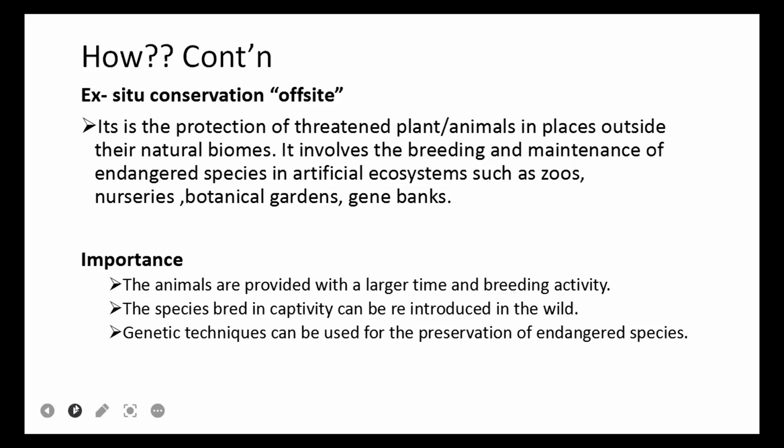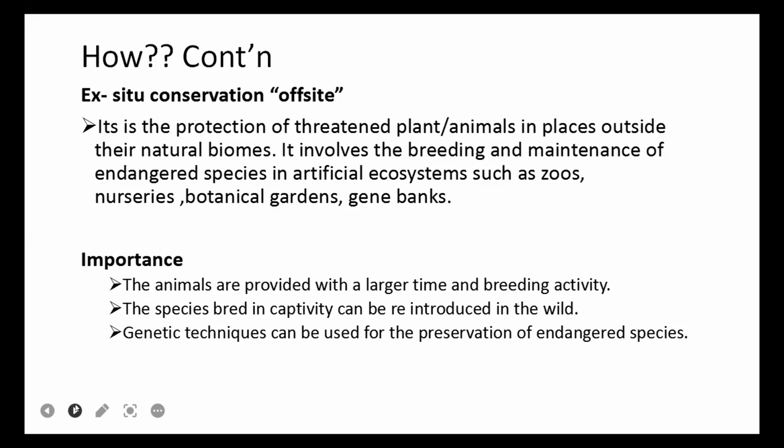So we are going to see another method of conserving our biodiversity. That is ex situ conservation, that is off-site. Here you remove them from the national park and put them on another site. They are saying it is the protection of threatened plants and animals in a place outside their natural habitat.